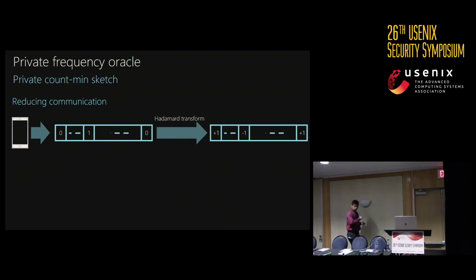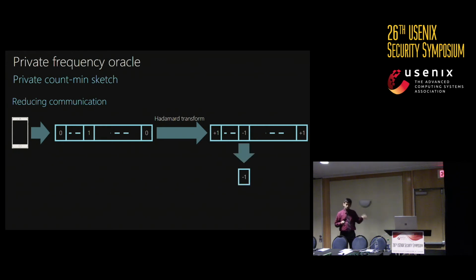And the tool that we use is called the Hadamard transform. This is from physics, from the 1800s. It's commonly used in quantum mechanics, but in this case it's very useful for us. And this is without loss of information. So it's a basis rotation which basically spreads the information all along. Going from this sparse representation, you go to a very dense representation where every bit has some information.